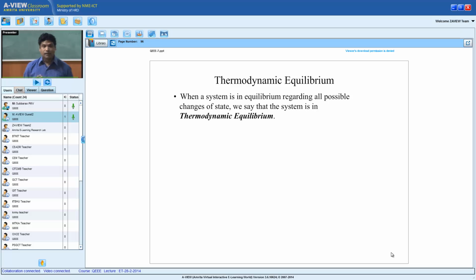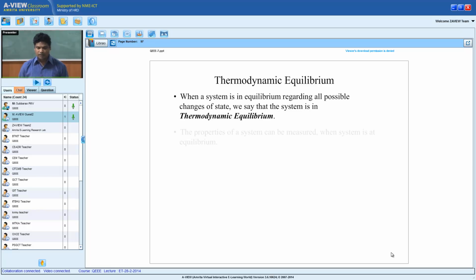So that's how a thermodynamic equilibrium demands all possible equilibria in general, but more specifically, two systems are said to be in thermodynamic equilibrium when they are in chemical, mechanical and thermal equilibrium, whatever sequence you love to state.